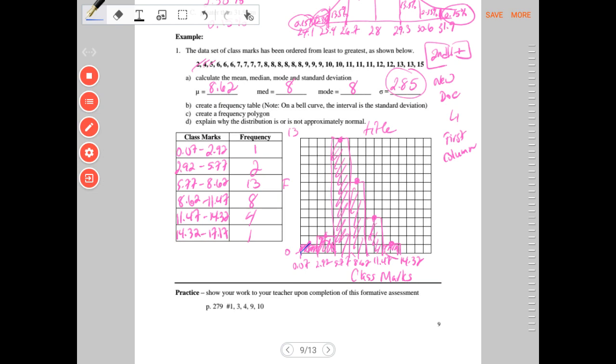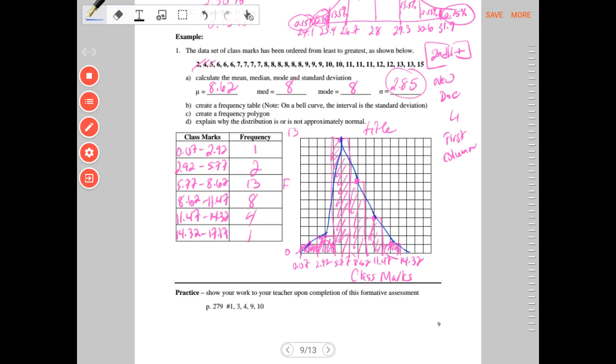So start at the 0, and then again, nice straight lines, using a ruler preferably, and connecting your dots on your frequency polygon. Okay, good.